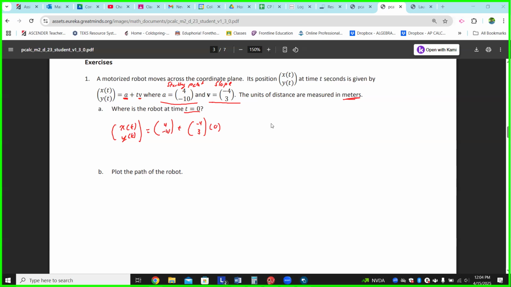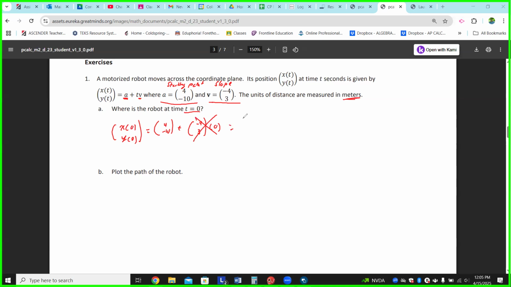I plugged the t in for 0, because otherwise we don't know that; it's going to be the equation. So in this case, when we plug it in, think of it like this. You're technically figuring out what's the x value at time 0, what's the y value at time 0. That's it, because a scalar multiplied will multiply to both of these. This will pretty much zero out.